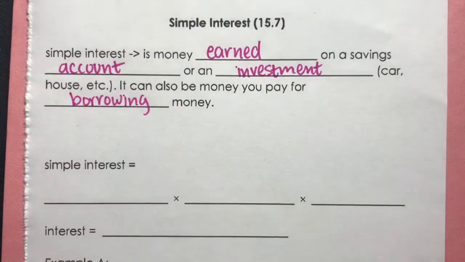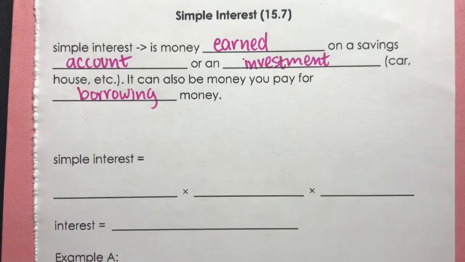Okay, so the reason why simple interest is so important is because it's going to occur in your life, especially when you're older and you are an adult. You're going to be dealing with interest in general when you're making an investment, like buying a house or a car or just a really big investment or paying for your college education.